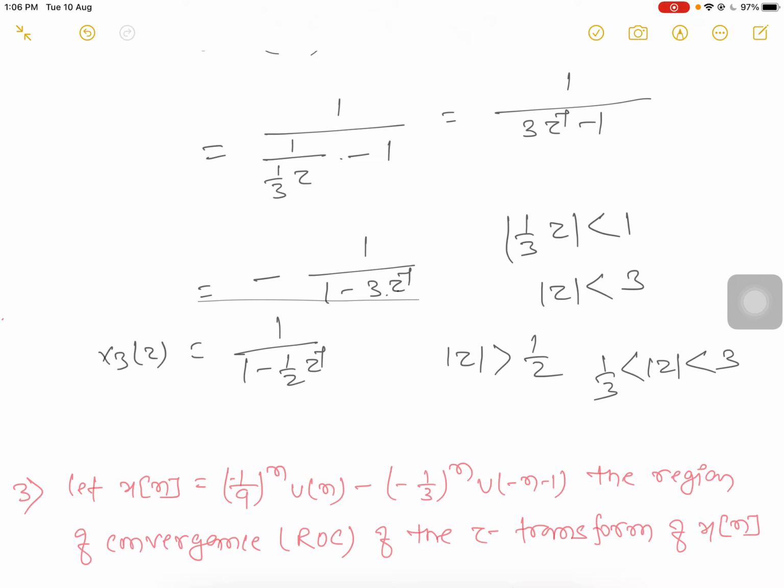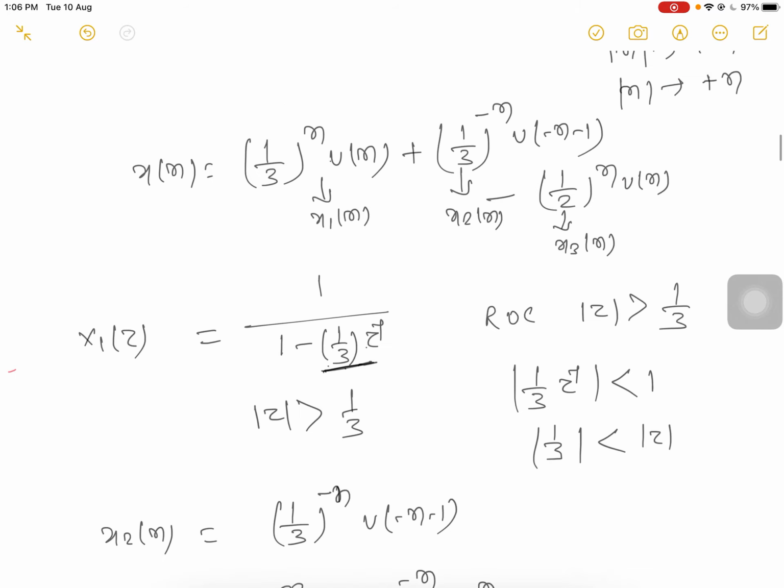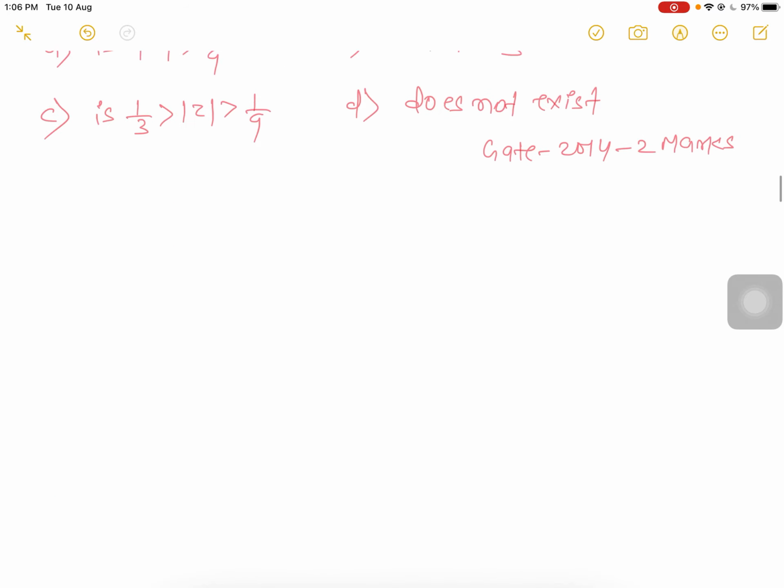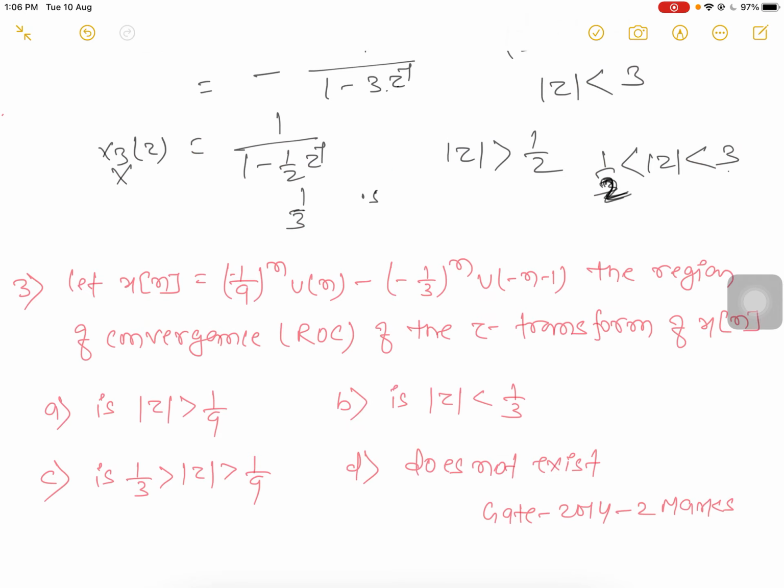When you take 1/3 to 1/2, it will not be valid for this x3(z). So the common ROC will be from 1/2 to 3, because 1/3 is 0.33 and 0.5 is greater. So option C will be the right answer.